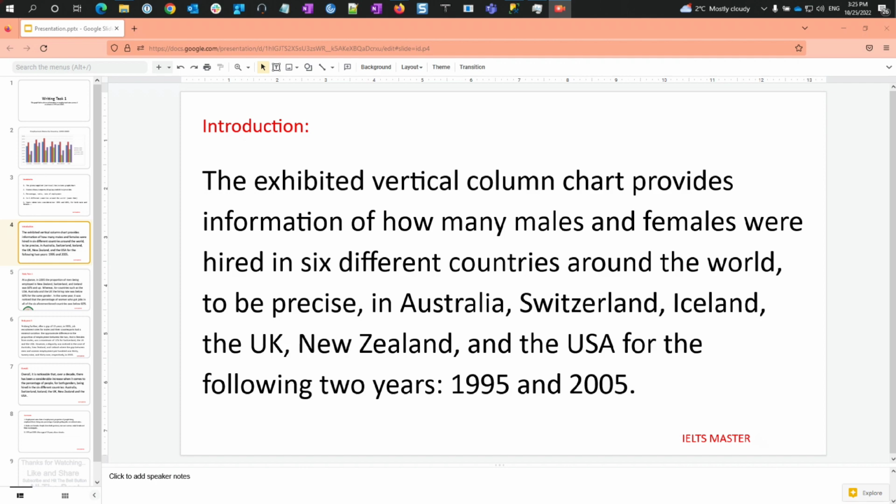But for me, it was in the same year I noticed that women, like in 1995, all the females and their employment rate was below 60%. So let's check the green one, way below 60% for Australia, Switzerland above 50% but less than 60% for sure, Iceland less than 60%, UK less than 60%, New Zealand way less than 60%, and the USA is also less than 60%.